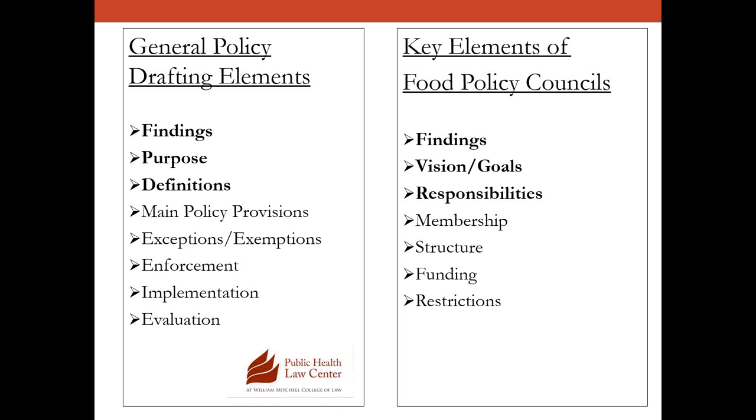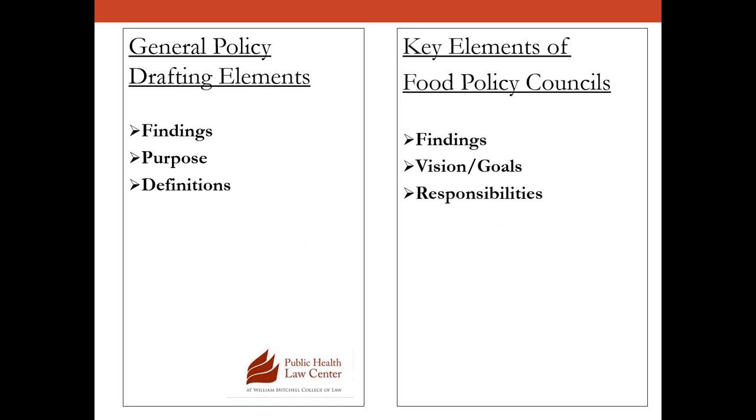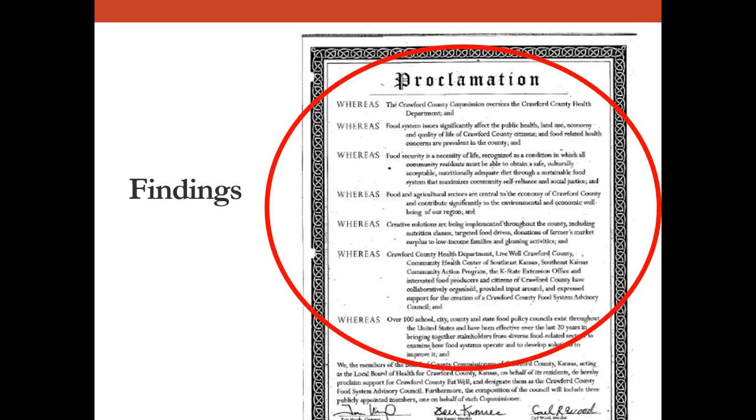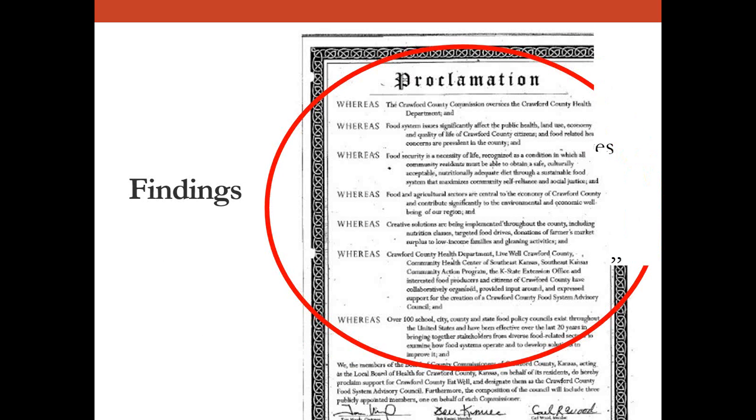So let's talk first about those first 3, the findings, vision and goals, and the responsibilities, because those overlap, and folks are doing them a little differently. Let's look at Crawford. You see the whereas, and often the whereas in a resolution flags a finding for you.